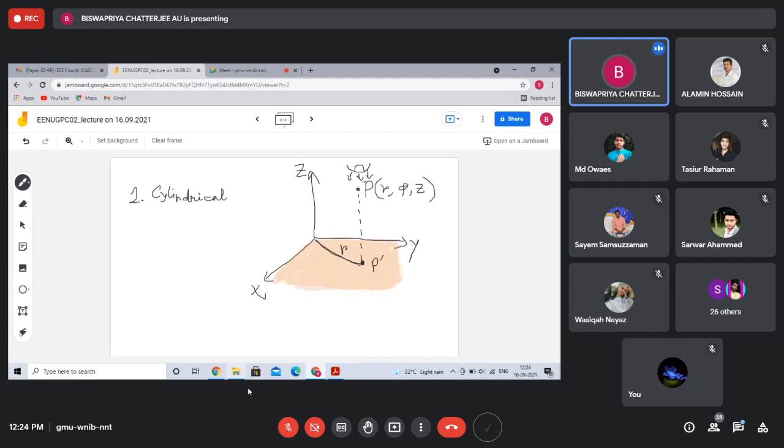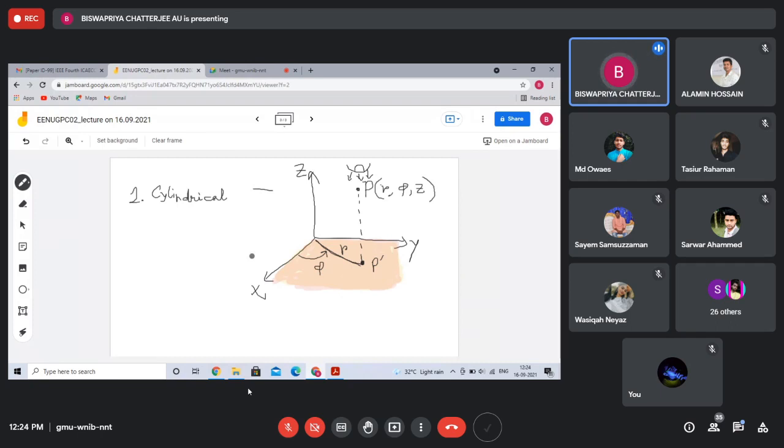What is phi? Phi is the angle between this R and the positive x-axis. And the definition of Z remains the same.